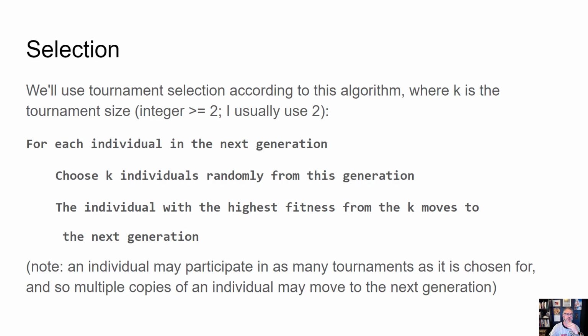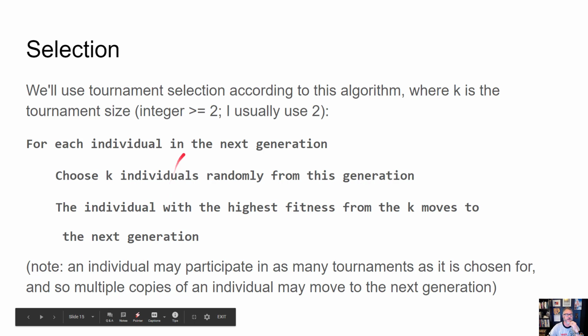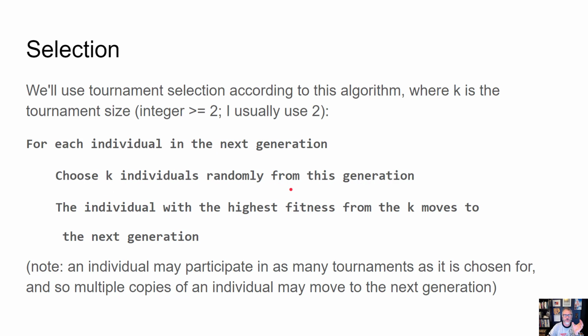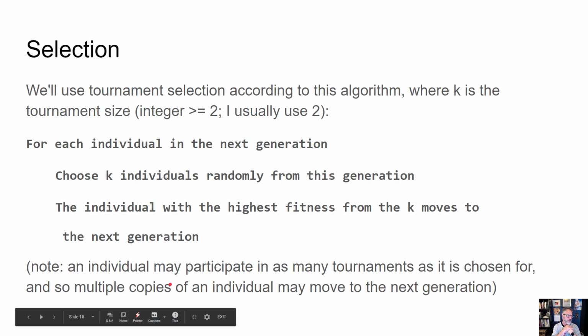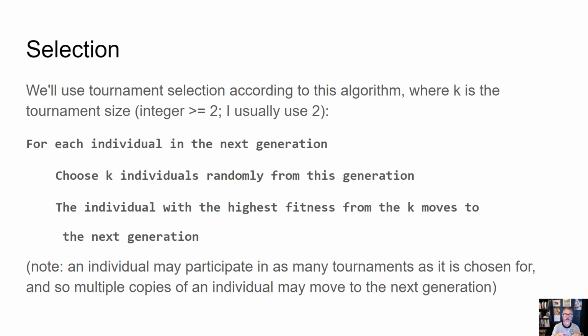Anyway, here's how it goes. To make the next generation, for every individual in the next generation, we pick K individuals randomly from the current generation. Then we look at their fitnesses. Whoever's got the highest fitness moves into the next generation. An implication of this is that an individual might participate in an arbitrary number of tournaments, right? Every time it gets picked randomly, it's in a tournament.